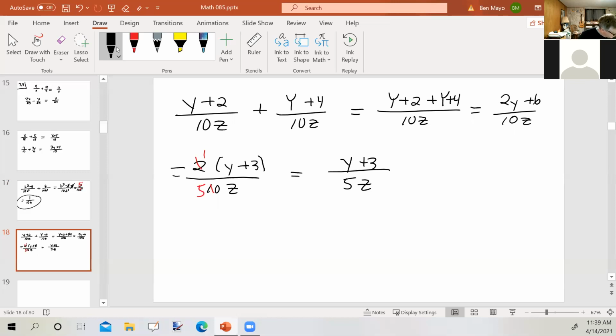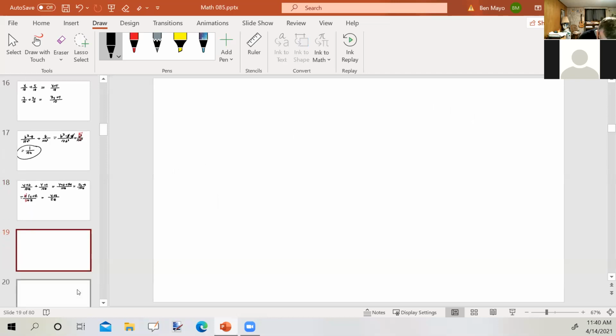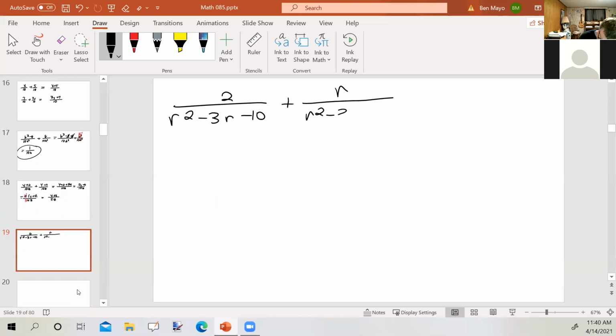All right. How about this? 2 divided by r squared minus 3r minus 10 plus r divided by r squared minus 3r minus 10. That's going to equal r plus 2 over r squared minus 3r minus 10.